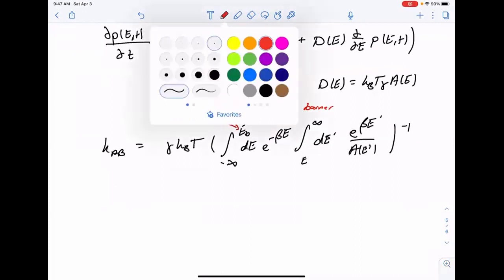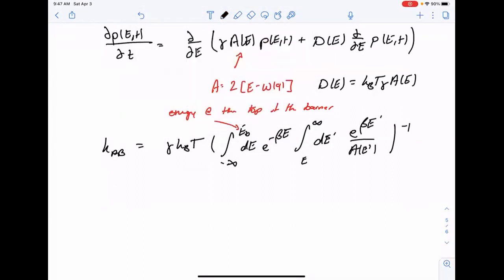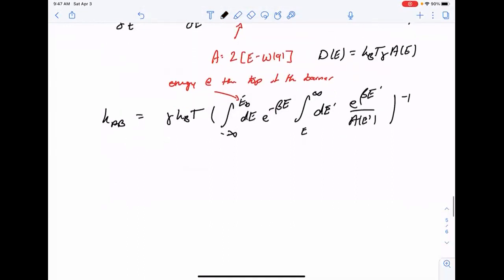So in the limit that the barrier is really large, first, let's note that kappa is now proportional to gamma directly rather than 1 over gamma. This should make intuitive sense if what I'm waiting for is for the bath to take energy out of the system. The rate at which the bath does that is given by the friction.